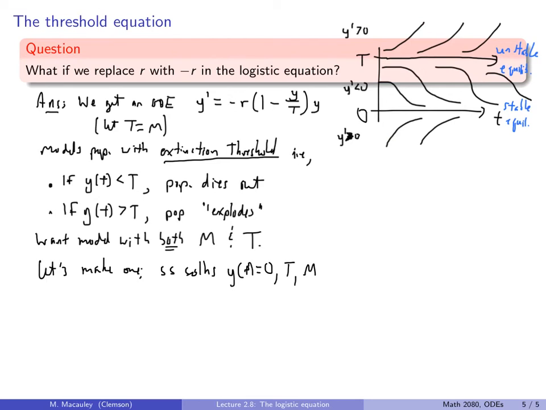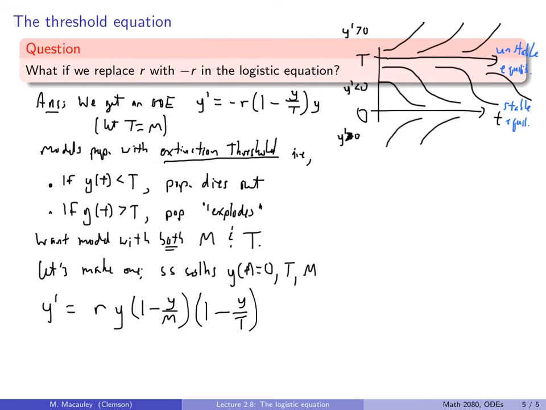So I'm going to say y prime equals r times y times 1 minus y over m. So at this point, I have the logistic equation, right? So let's just add another term: 1 minus y over t.